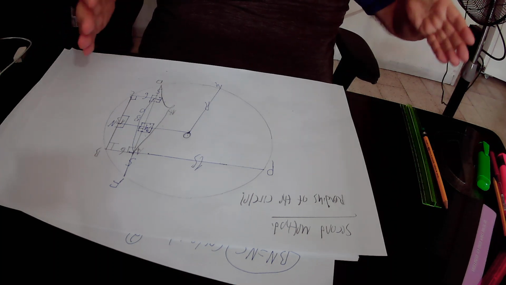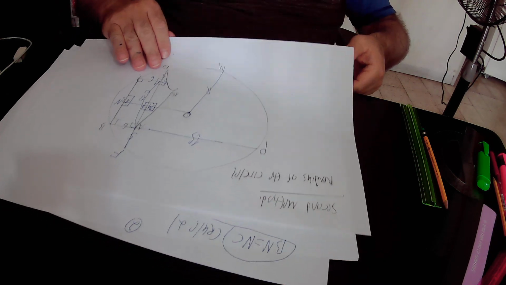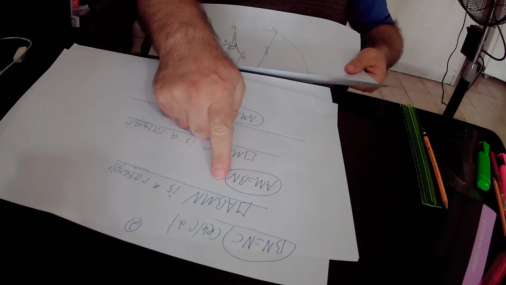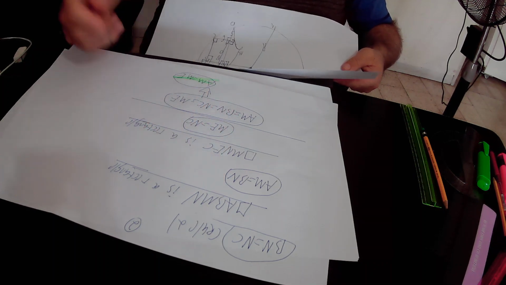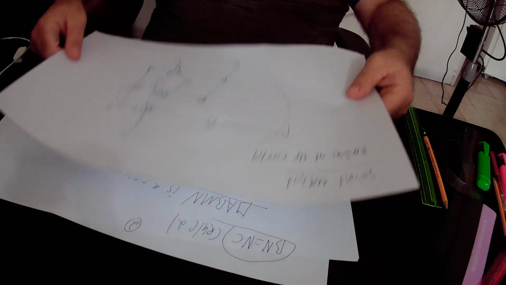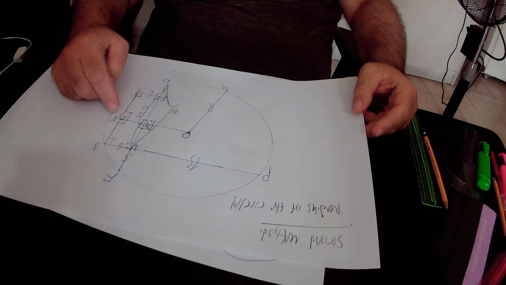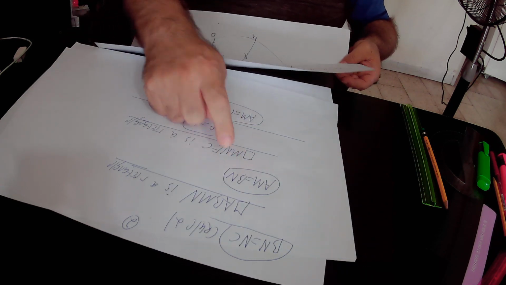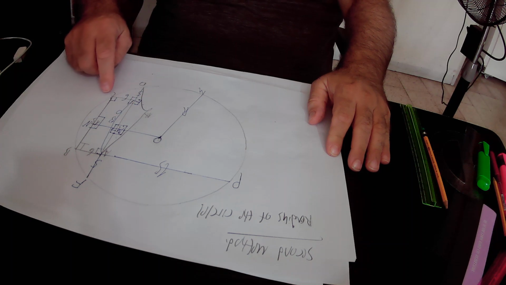Therefore, quadrilateral ABMN, because it has 4 right angles, is a rectangle. And we know that the opposite sides of a rectangle are equal to each other. That is to say, AM equals BN.